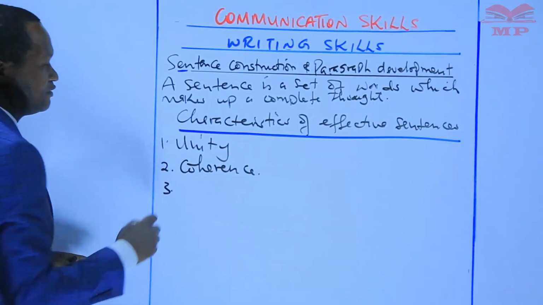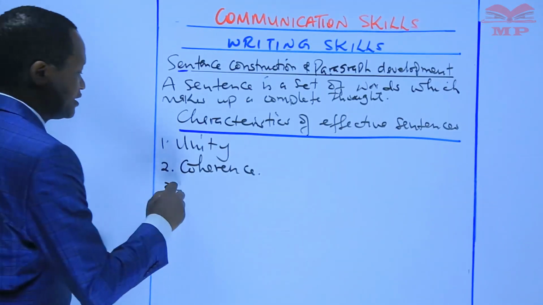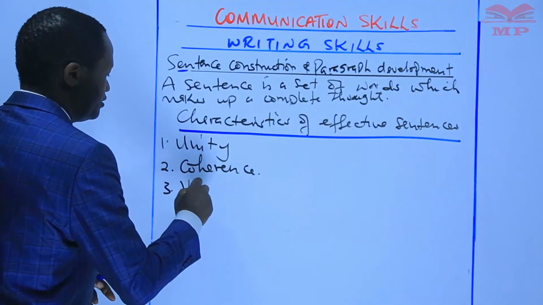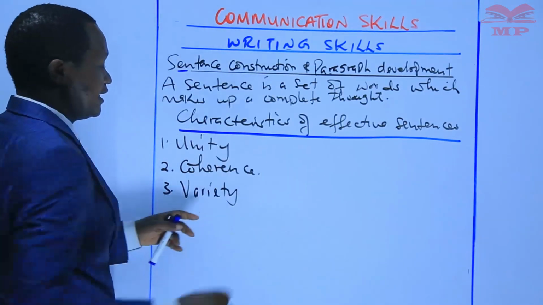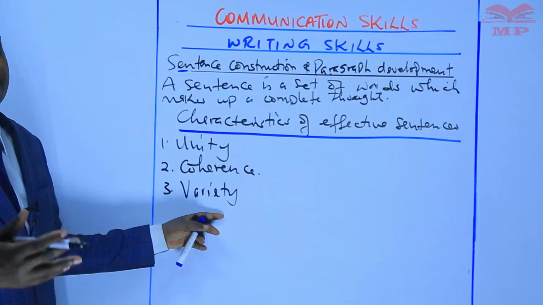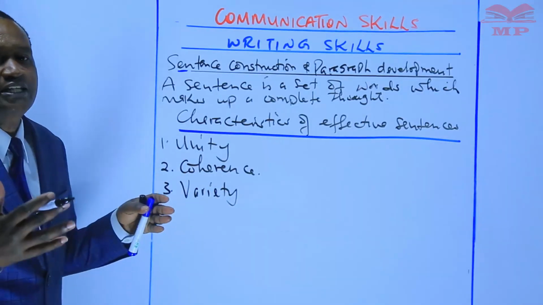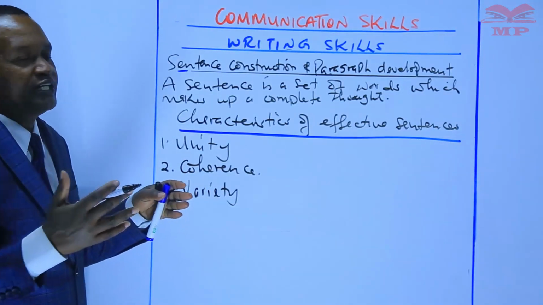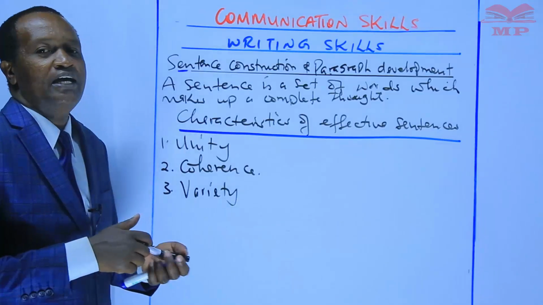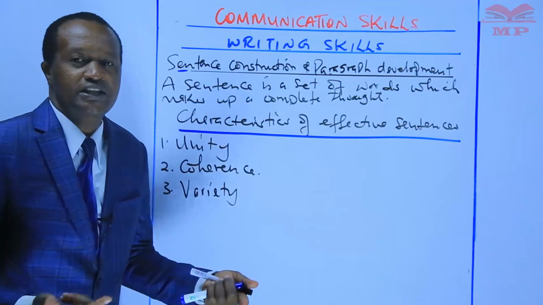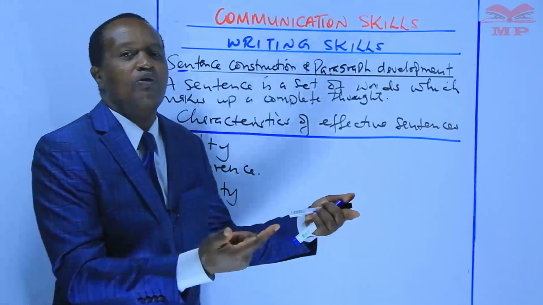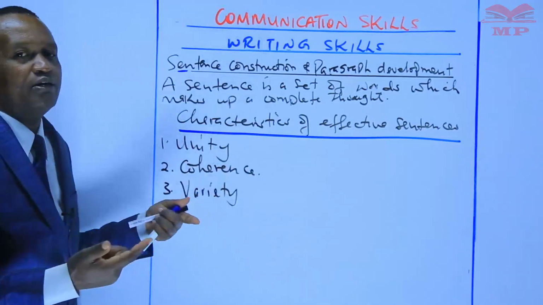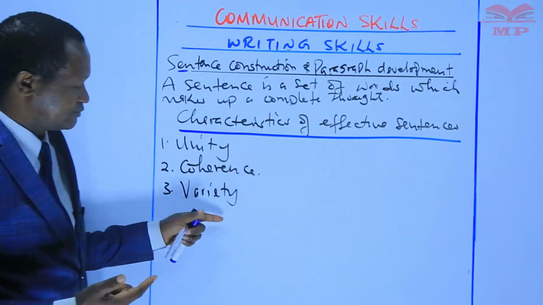The third feature can be explained under one word: variety. The idea, candidates, can be creatively expressed in a variety of sentences as the same kind of thought or idea creates monotony.